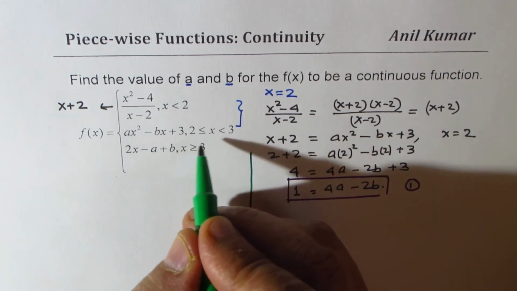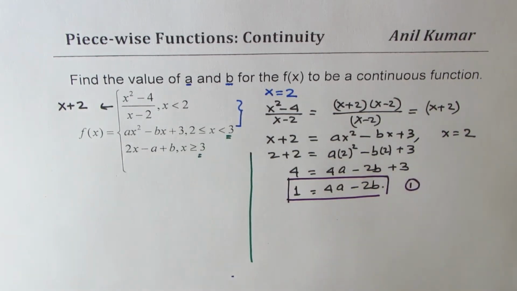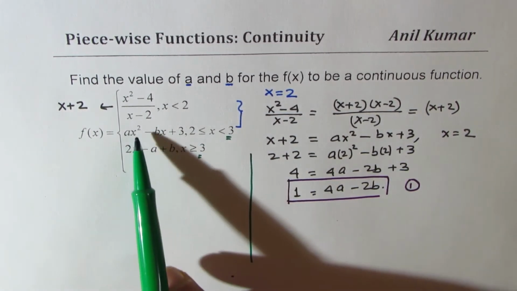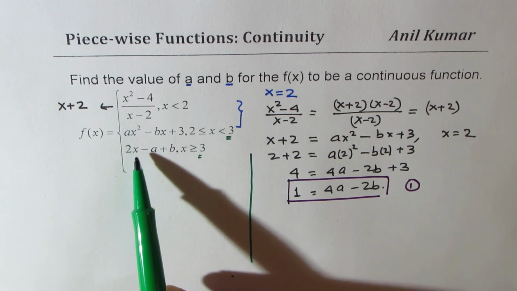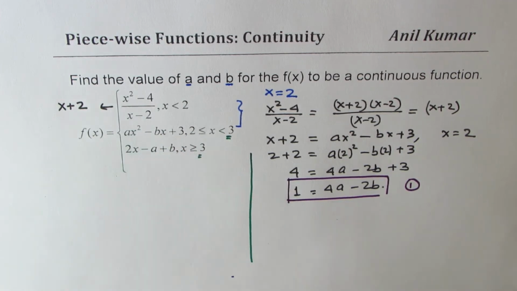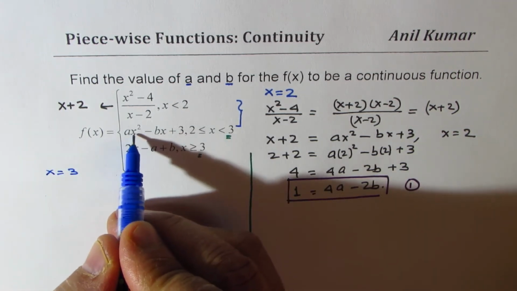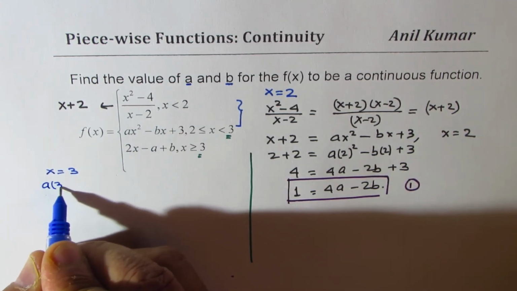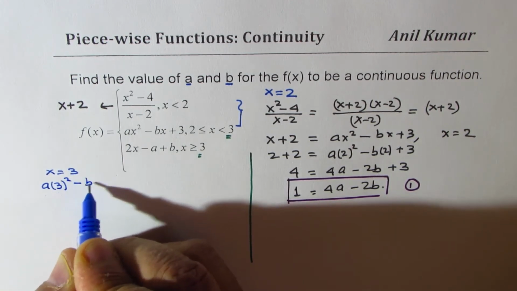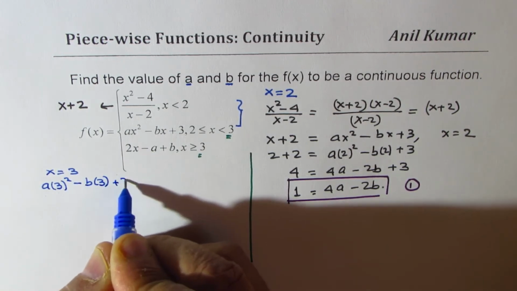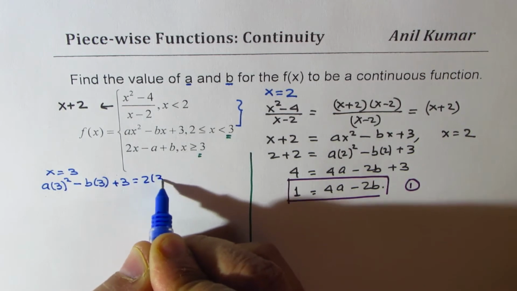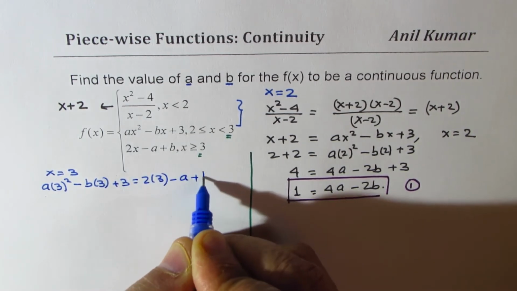Now let's investigate what happens at 3. At 3, the parabola and the linear function should have the same matching value, right? So at x equals 3, let's substitute 3 here. We get a times 3 squared minus b times 3 plus 3 should be equal to 2 times 3 minus a plus b.